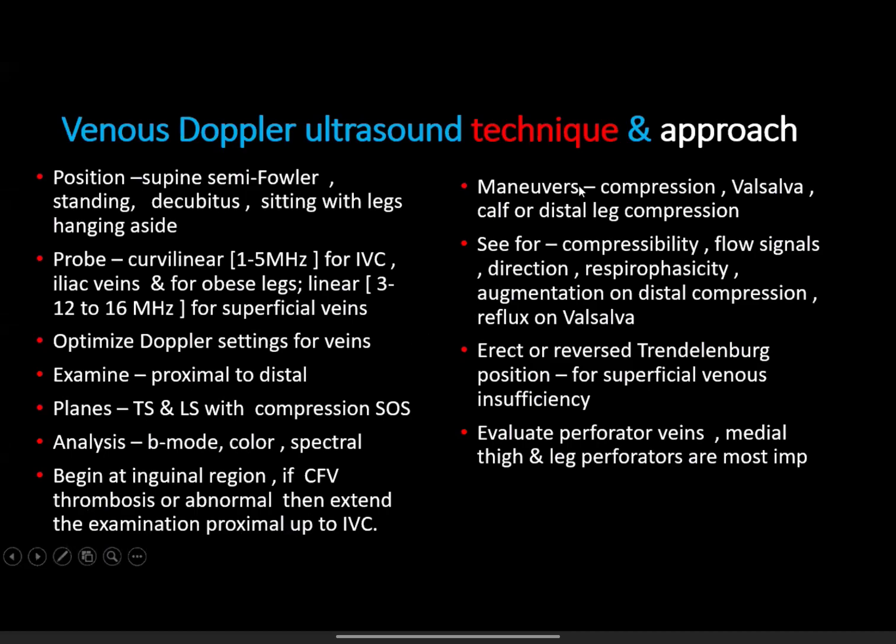Certain maneuvers we have to apply, like compression to see the compressibility of the veins, Valsalva to see any reflux in the veins, and then distal leg compression to see the augmentation in the vein. So again, we have to look for compressibility, flow signals, their direction, respiratory phasicity, augmentation on distal compression, and reflux on Valsalva, in every segment of the vein.